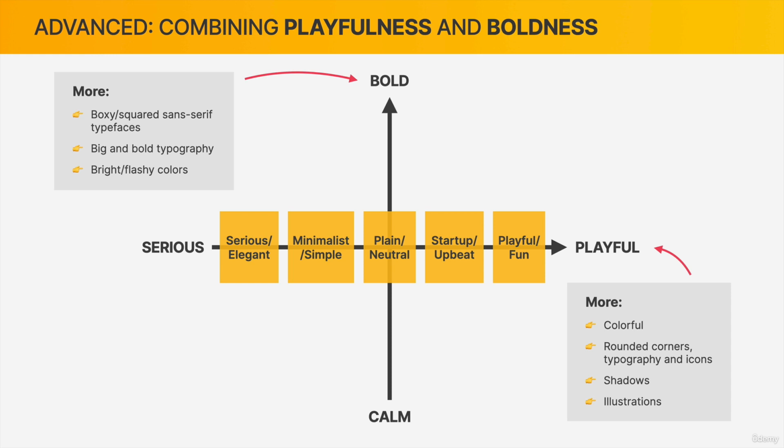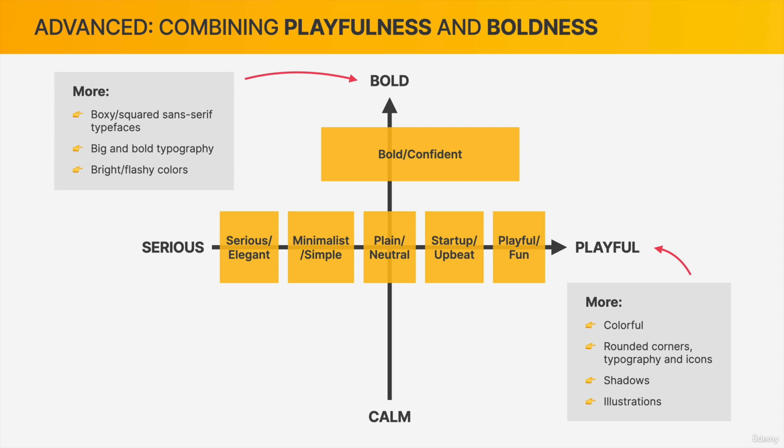Then there's also the boldness axis. And so as we learned, the bolder the website design is, the more boxy and squared the typefaces are, and the bigger and bolder the typography is going to be. And the colors will also be, let's say, brighter or flashier in bigger blocks of color.